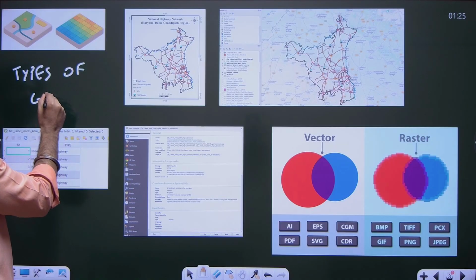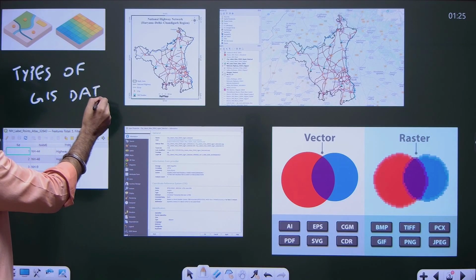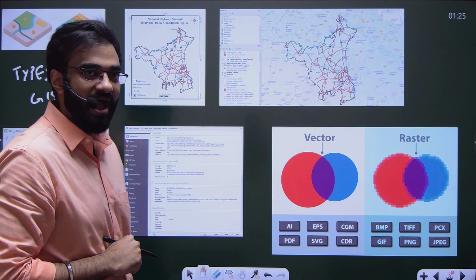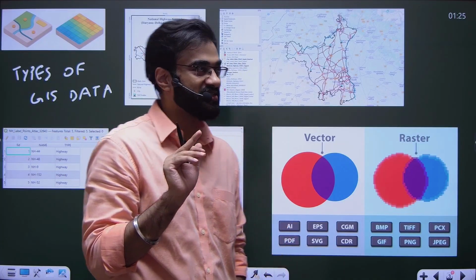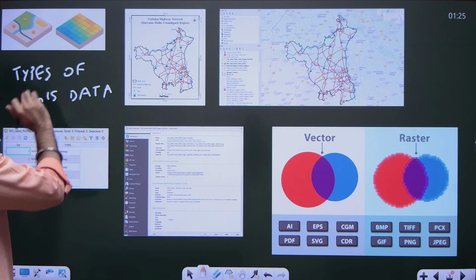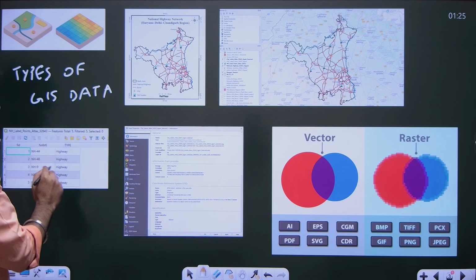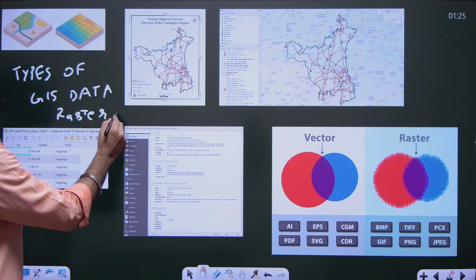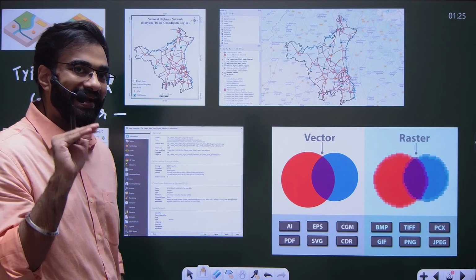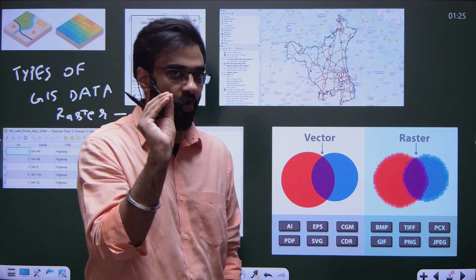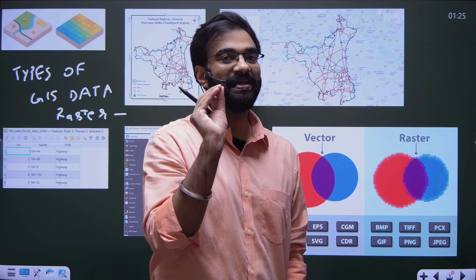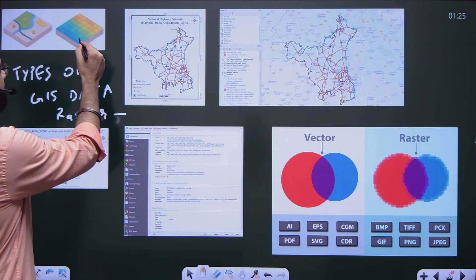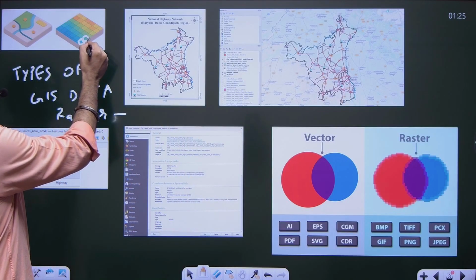Types of GIS data. This we have discussed, if you remember; I had discussed resolution, pixels, rasters. So basically, what was raster? Raster is when data is represented in the form of grids or pixels, where each pixel stores a value.